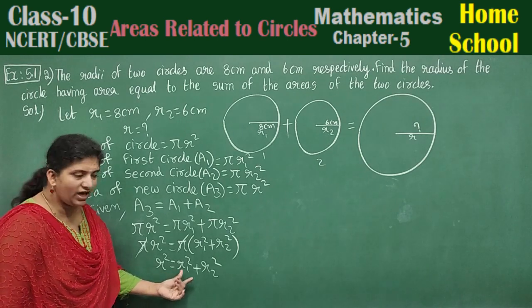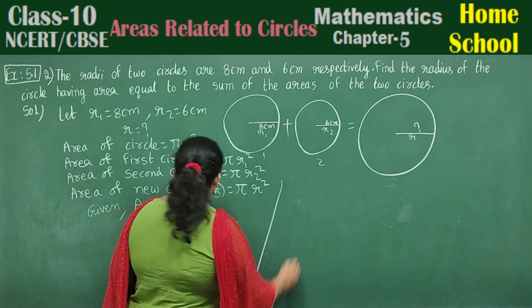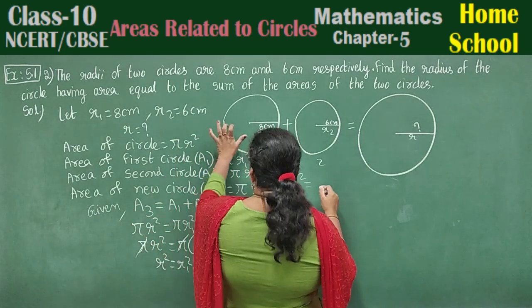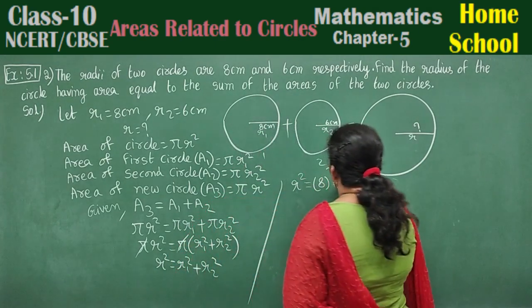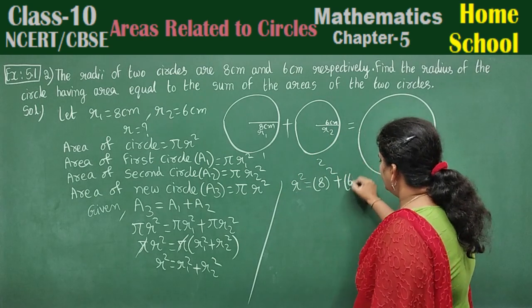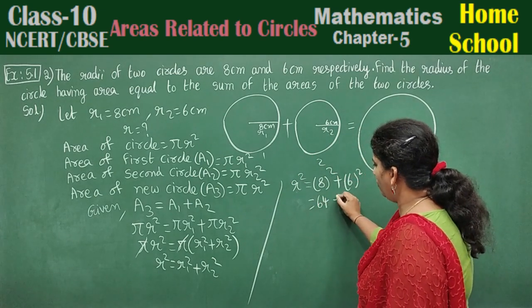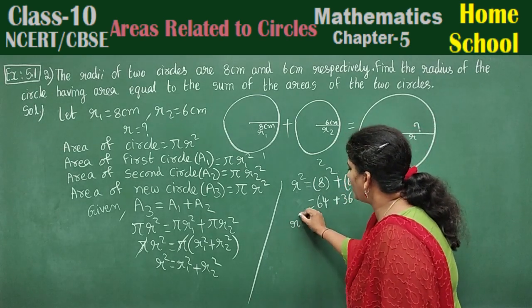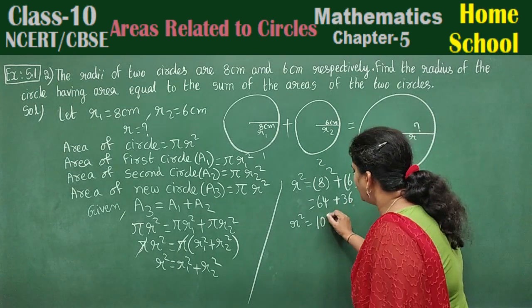Now substitute R1 and R2. R square is equal to, R1 value is how much? 8. 8 whole square plus R2 square. R2 value is 6. 6 whole square. 8 8s are 64. 6 6s are 36. R square is equal to 64 plus 36, which will be 100.